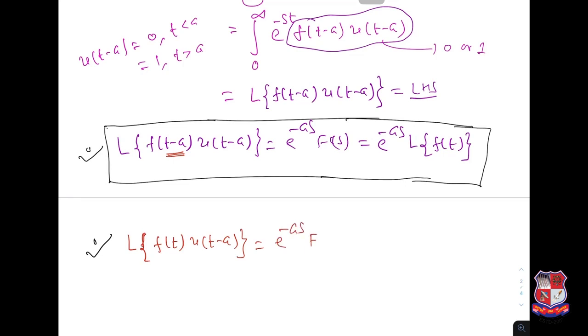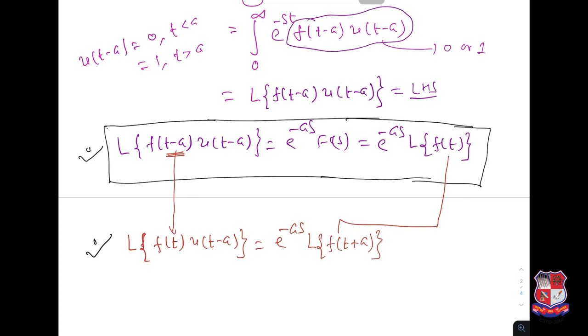So what we can do here is, because we take t minus a to t, this is changed now, and that is nothing but the Laplace transformation of f of t plus a. You should understand this part. So the Laplace transformation of f of t u of t minus a is equal to e to the power minus as times the Laplace transformation of f of t plus a.